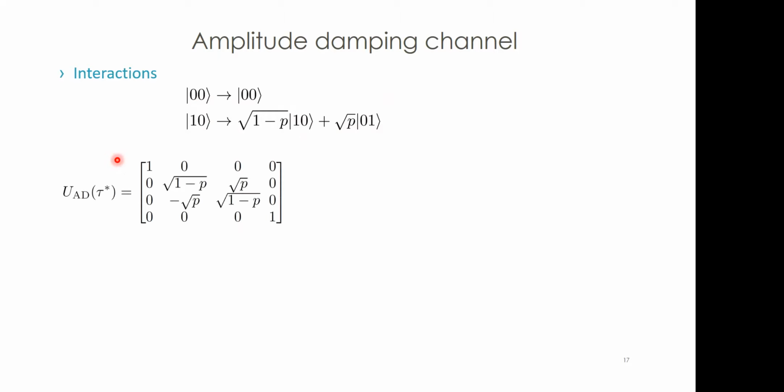So the effect of such channels can be ascertained by a unitary transformation, which intrinsically contains this term tau star, which is the time scale of these probabilistic processes.